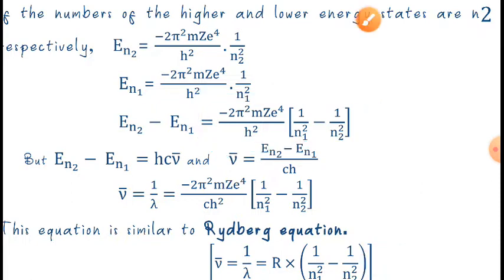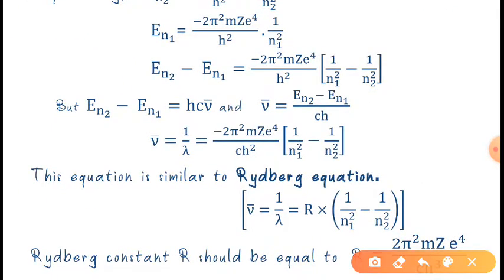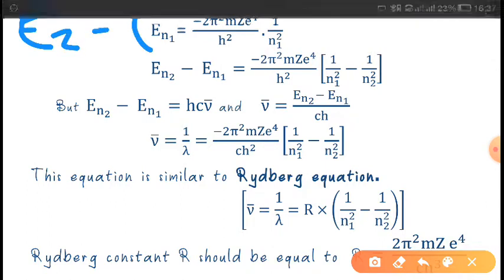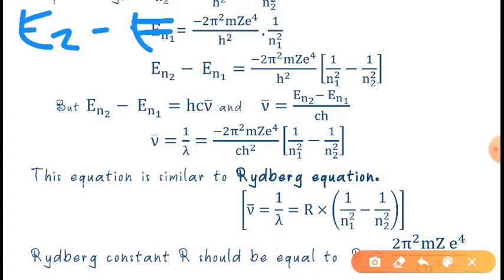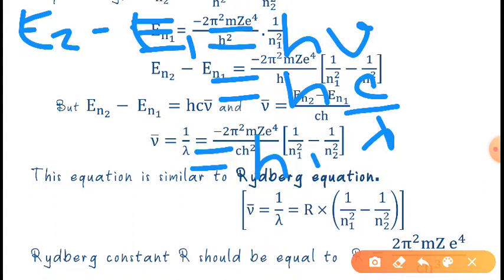Now, we know that E2 minus E1 is h nu, and in place of nu we can write c by lambda, or h c times 1 by lambda.